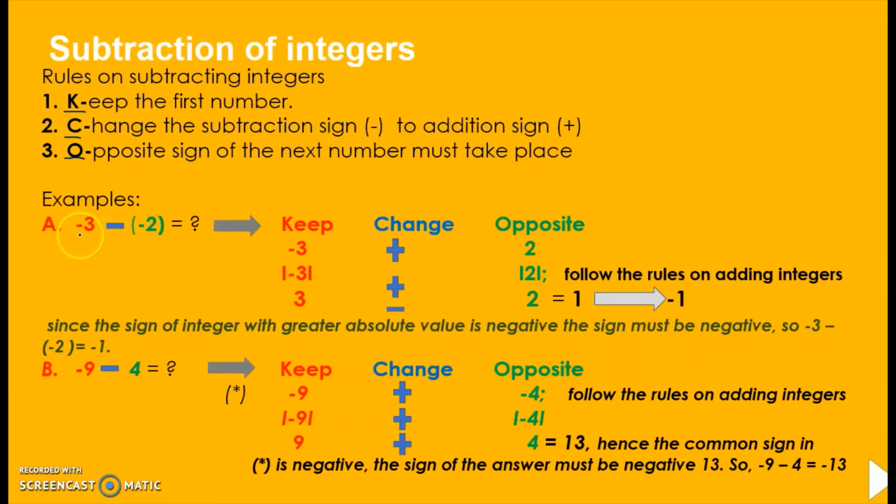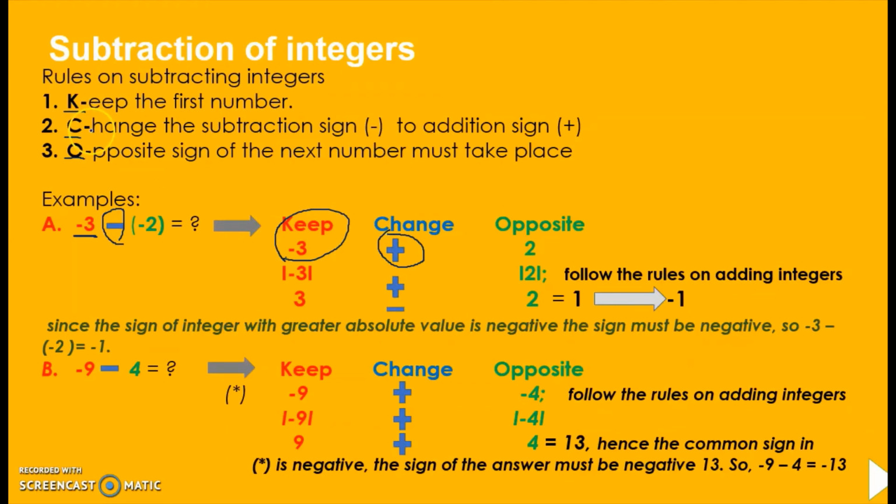So on the above rules, we have to keep the first integer. As you can see here, keep, we just copy the first integer. The next one is change the subtraction sign to addition sign. As you can see here, we change it.